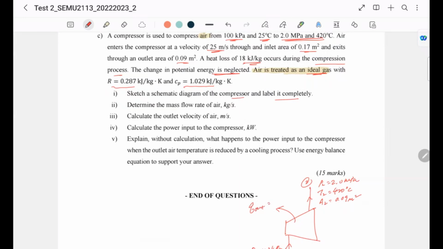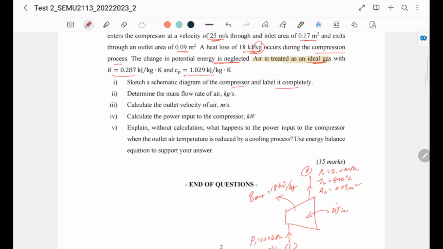So q out, because it's per kg, therefore I write it as a small q, 18 kilojoule per kg. And this is a compressor, so there must be a work in. Our control boundary is basically here. So there's a mass exchange, a heat exchange, and a work exchange as well. So that's the answer for part 1 here.